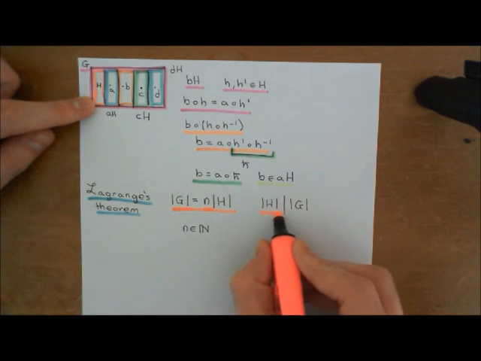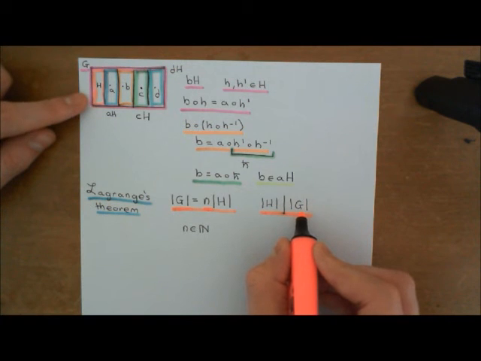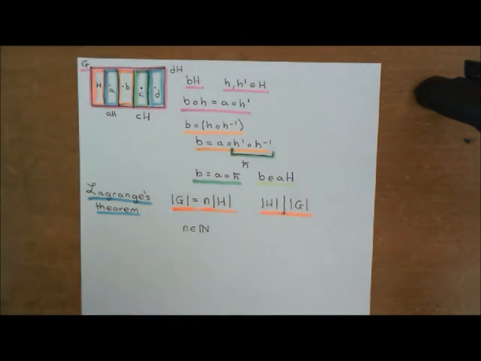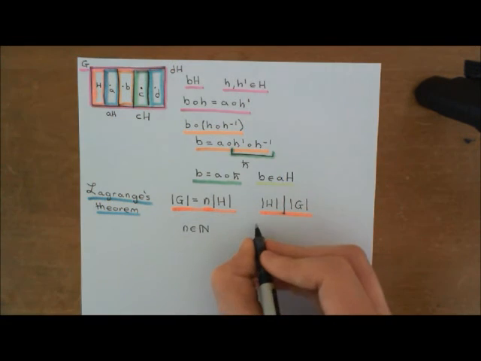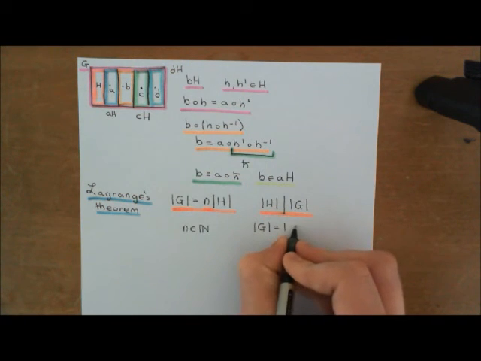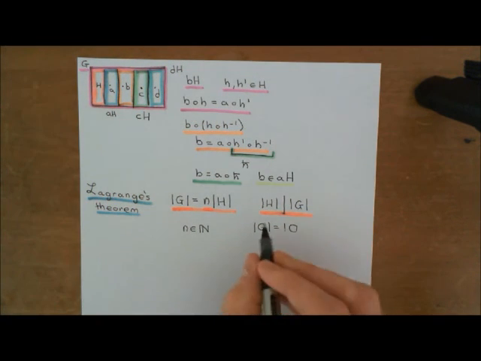Or rather, you cannot possibly have a subgroup of a larger group, capital G, that does not have an order which divides the order of the group. So let me give you a concrete example of this. Let's say we have some group which has order 10, so it has 10 elements within it. Lagrange's theorem instantly tells us that you cannot possibly have a subgroup of order 3.